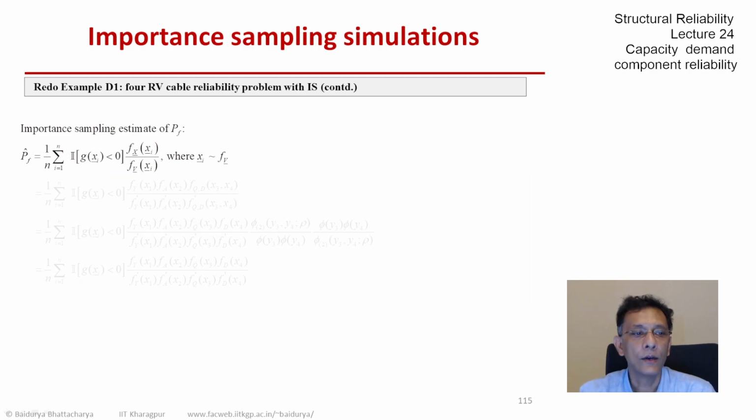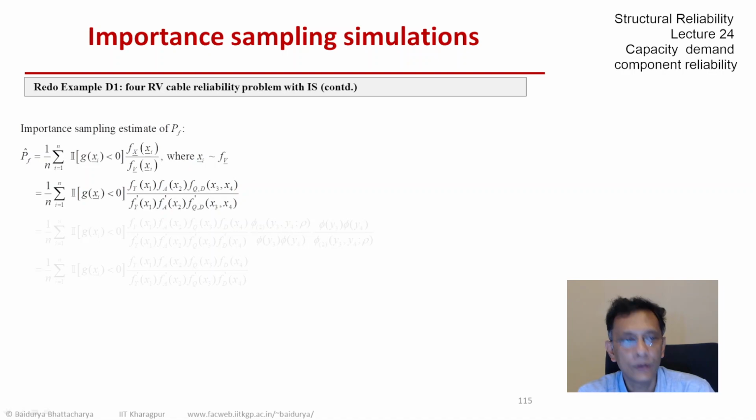Finally, we can now take care of the ratio of the two density functions, and that is, as you see on the screen, on the numerator you have fx, and on the denominator you have fv.